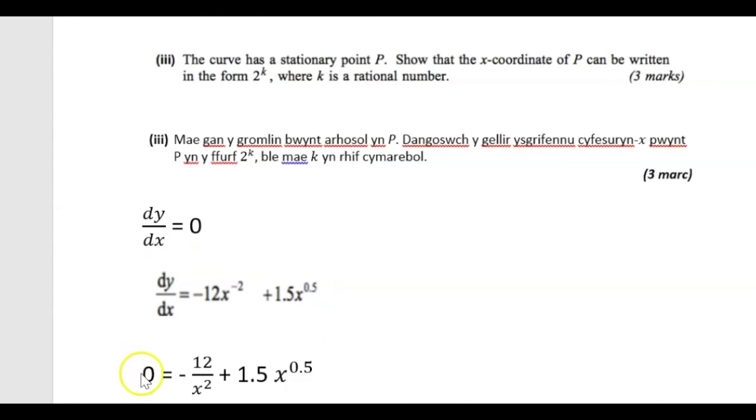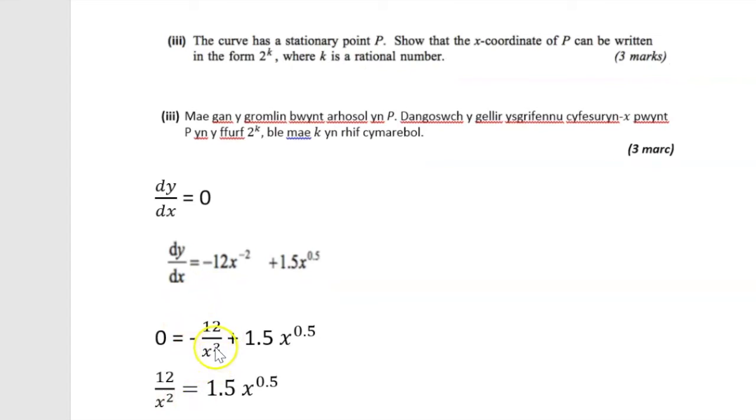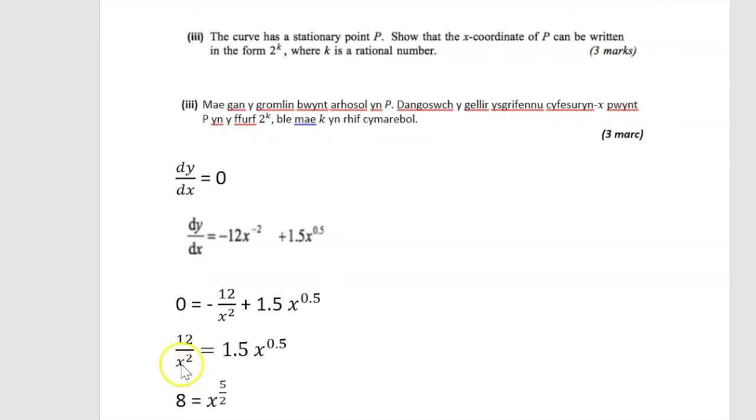If dy dx is 0, 0 equals minus 12 over x squared plus 1.5 x to the power 0.5. Let's add 12 over x squared to each side, so 12 over x squared equals 1.5 x to the 0.5. 12 divided by 1.5 is 8.